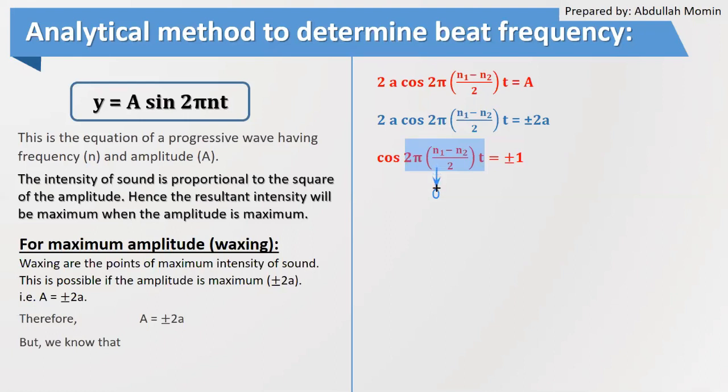Whenever the value of this term is π, that is 180 degrees, we get -1. The value of cos 0 is +1, and the value of cos π is -1. So what we write next: this bracket has the value 0.